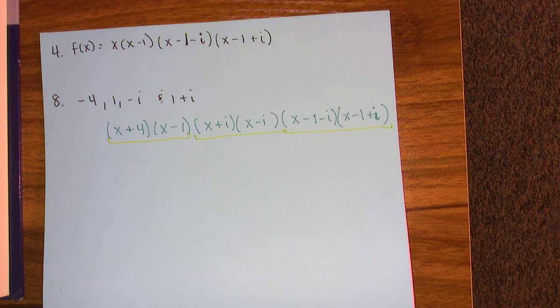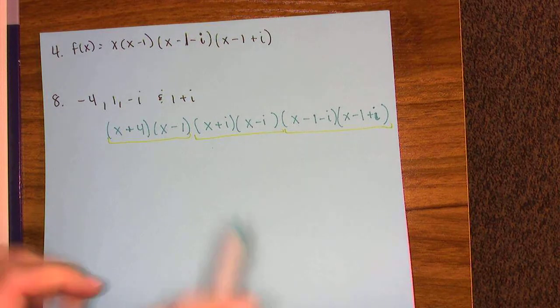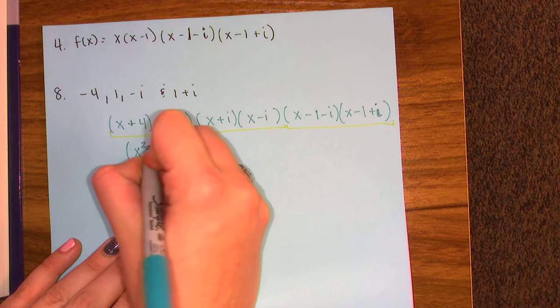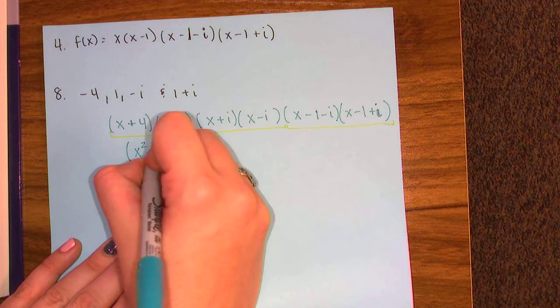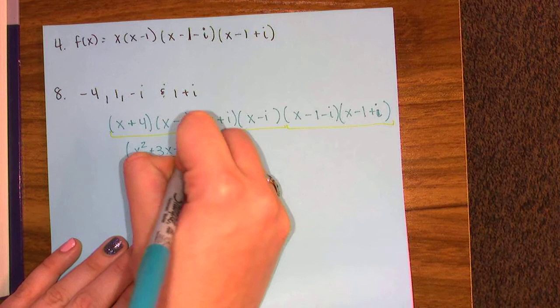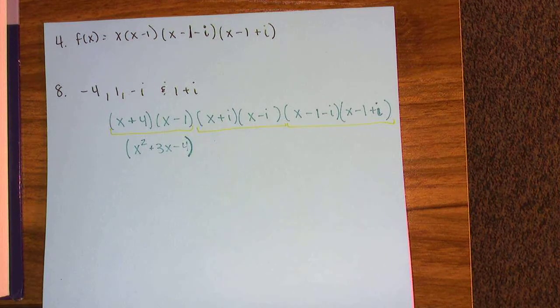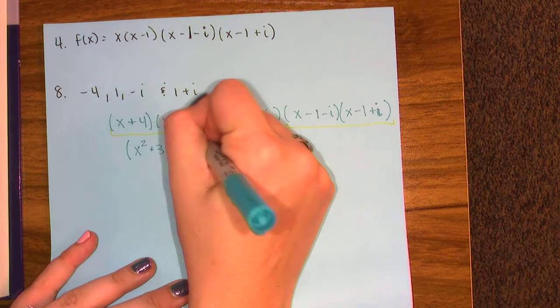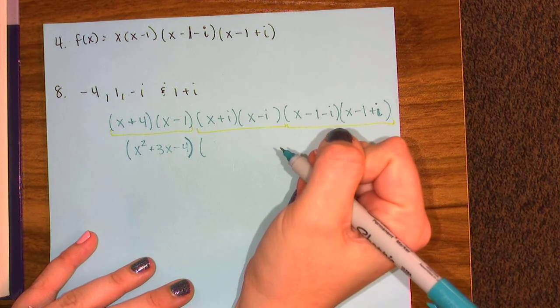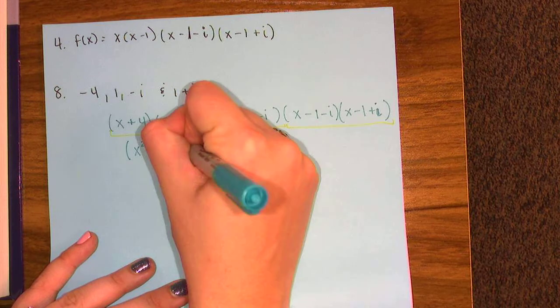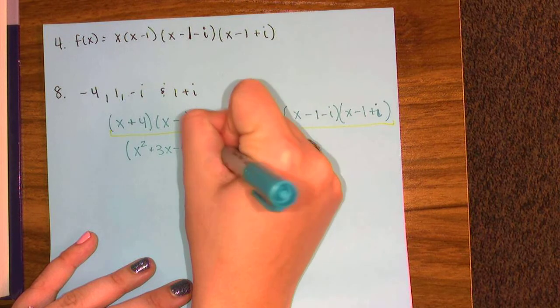So these first two, what do I end up with? Okay, so either use parentheses or brackets, either one is fine. How about this middle one? Yeah, x squared plus 1.